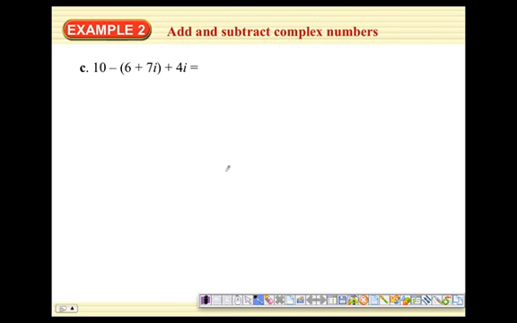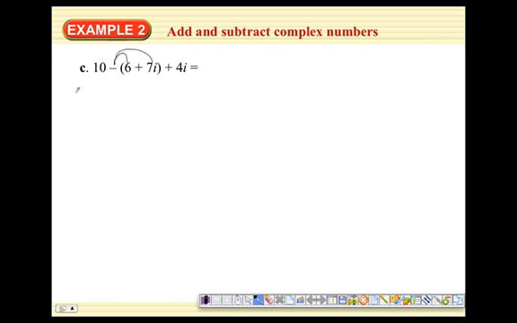Okay, so example 1 was solving equations with complex numbers. Can you do it so far? Hopefully yes, but you've got to practice what you learned. Example 2 is all about adding and subtracting complex numbers. If you pretend i is like x, then the only thing people mess up on is, did you distribute this minus to the 6 and the minus to the 7i?